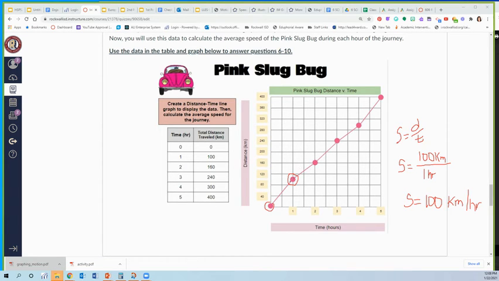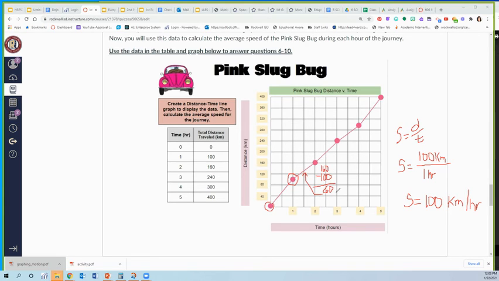So between 1 and 2 hours, the car was at 100 at the beginning of this time period. And when it ended, it was at 160. So to find the difference, I would do 160 minus 100. So that means my total distance is right here.